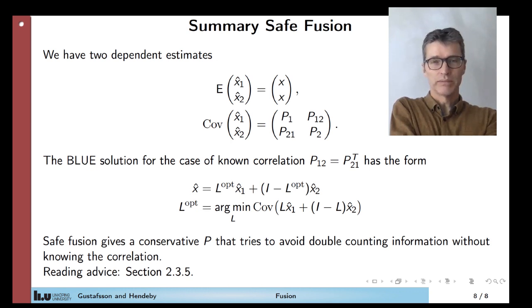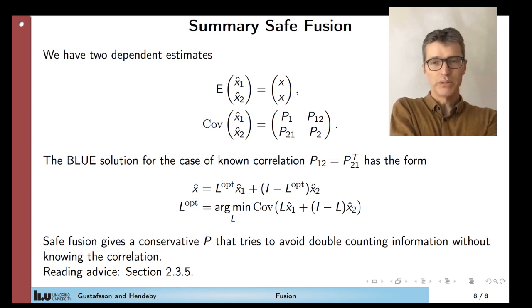To sum up, safe fusion deals with the problem when you have two estimates x1 and x2 that are correlated. So P12 and P21 are not zero, as they are assumed to be in the sensor fusion formula.